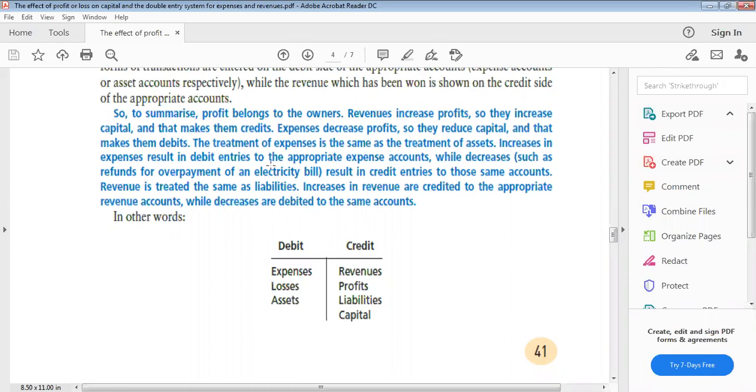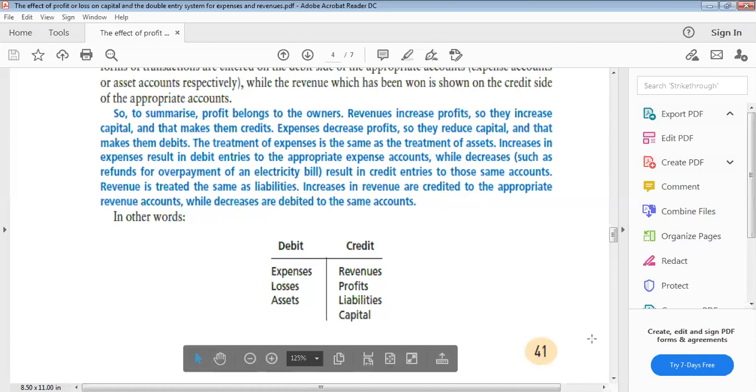Increases in expenses result in debit entries to the appropriate expense accounts, while decreases result in credit entries to those same accounts. Revenue is treated the same as liabilities. Increases in revenue are credited to the appropriate revenue accounts, while decreases are debited to the same accounts.